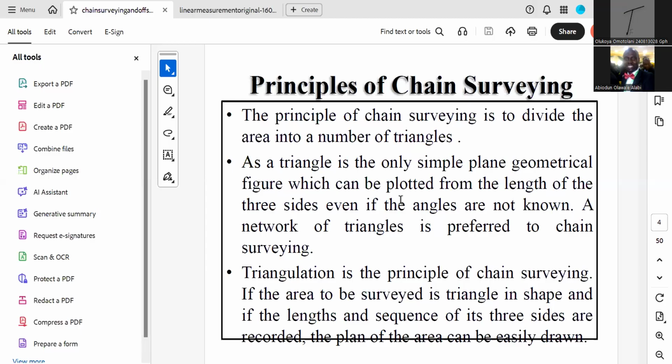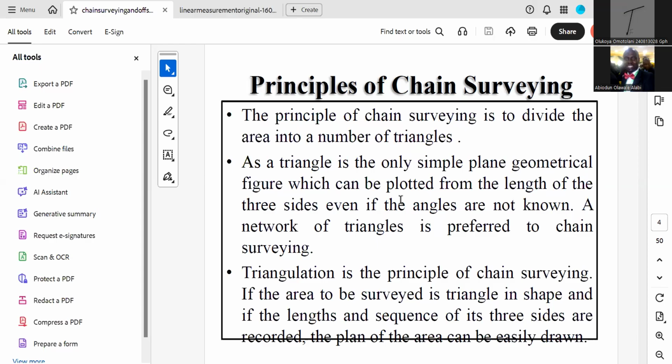So this is a concept we deploy when doing chain surveying. We introduce a well-conditioned triangle in carrying out the survey of that geographical area.